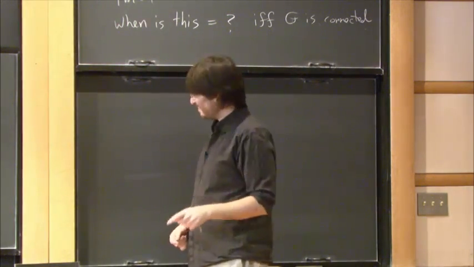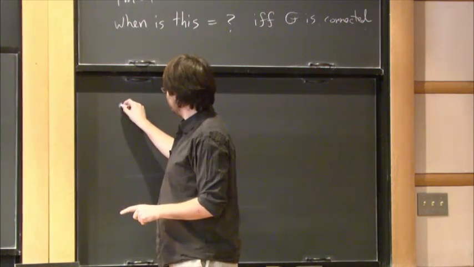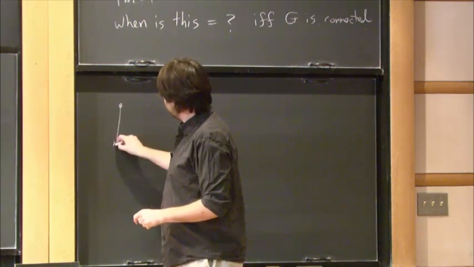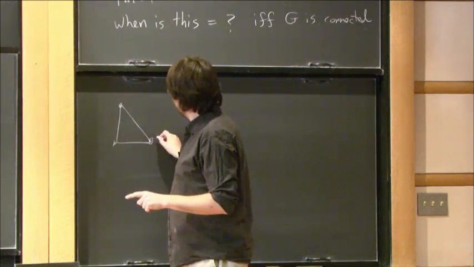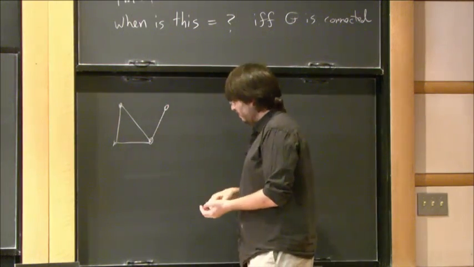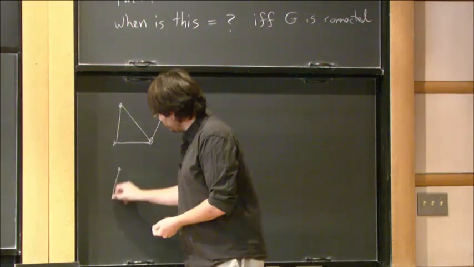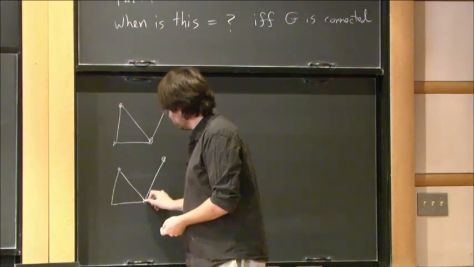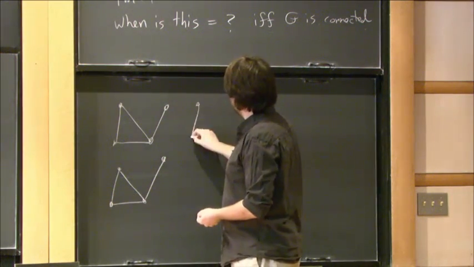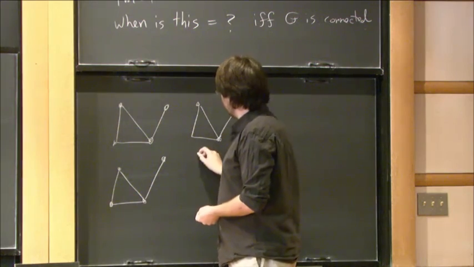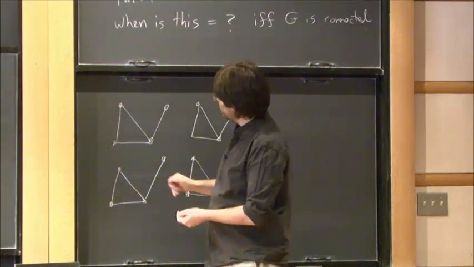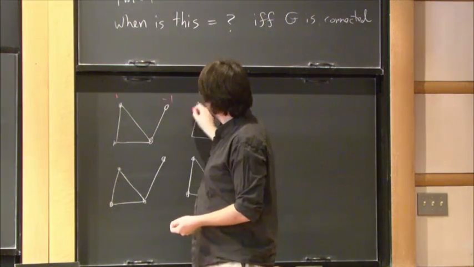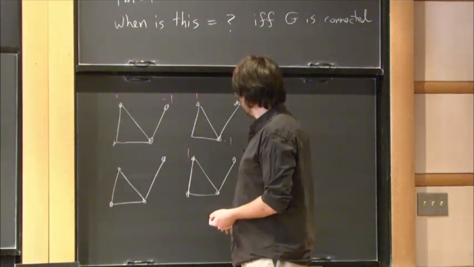Here, it's more simple. We take a vertex. We take a vertex, and now for all the other vertices, I look at the function which is 1 here, and then -1 here, 1 here, -1 here, 1, -1 here.